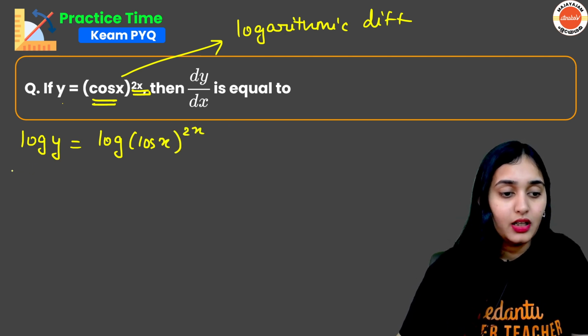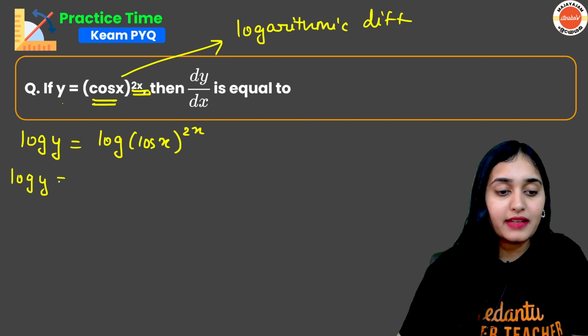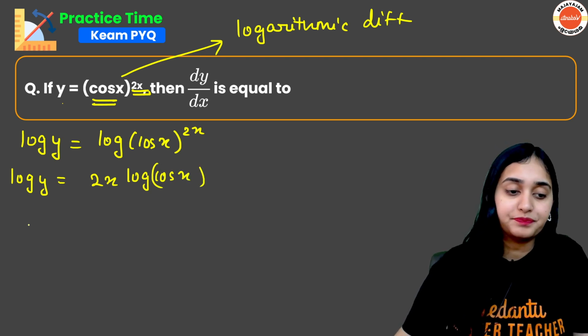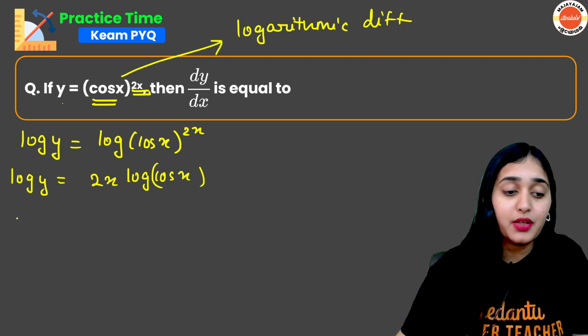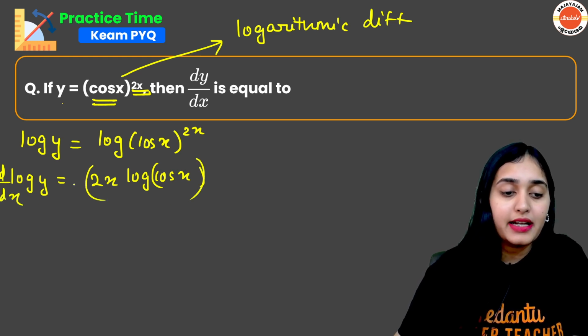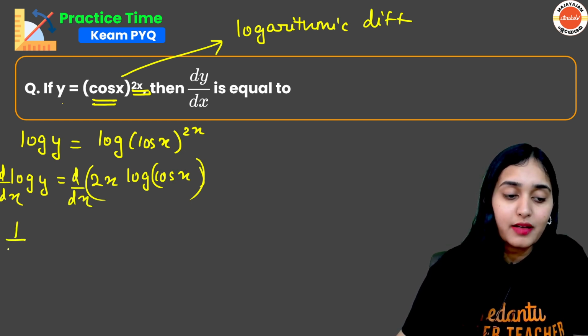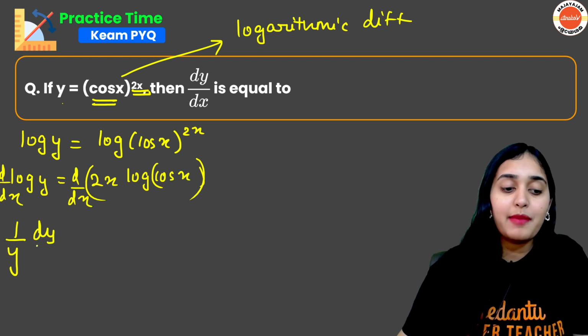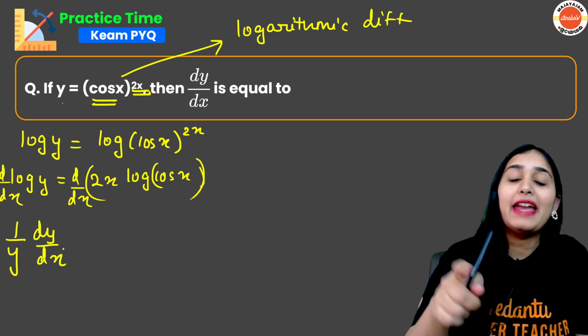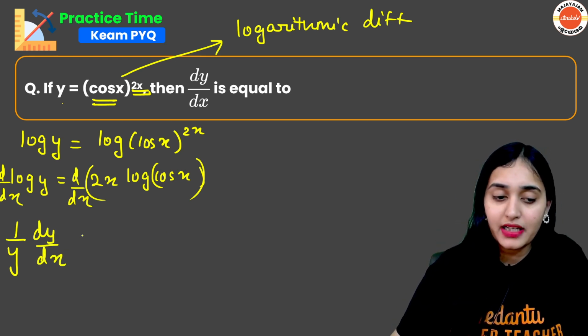Now log y is basically 2x log cos x. Now you differentiate it. You derive it with respect to x. So log y differentiation is d by dx on this side, d by dx on this side. What do you get? Log y differentiation is 1 by y into dy by dx, because y will still be differentiated with respect to x.